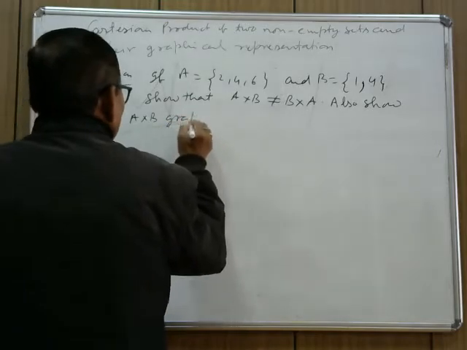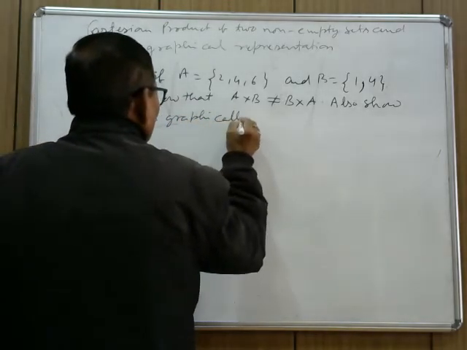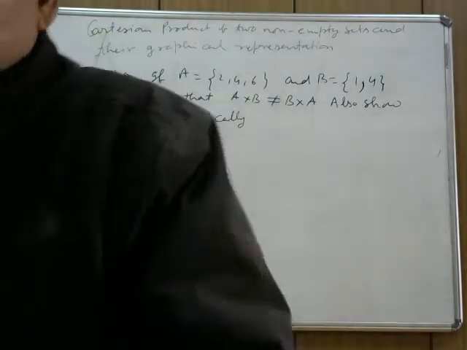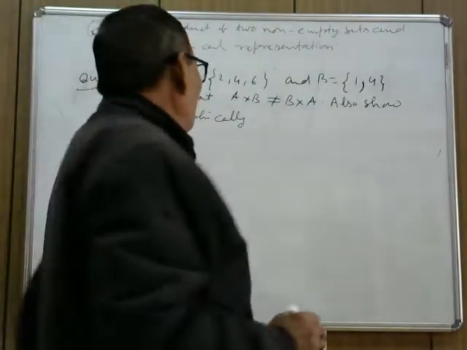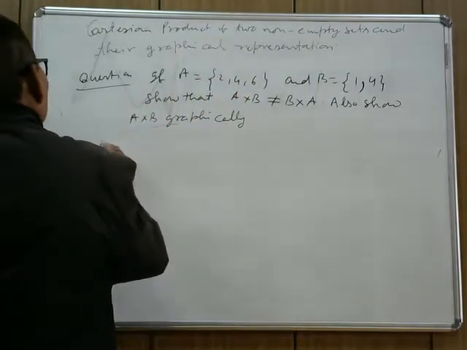That is the question. How will you show this graphically? First you find A cross B.